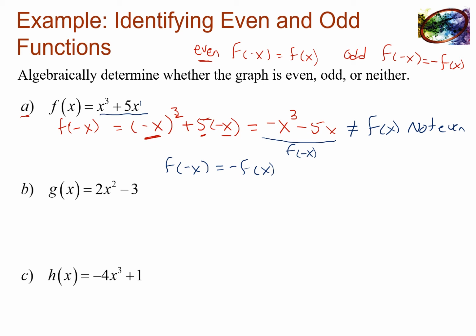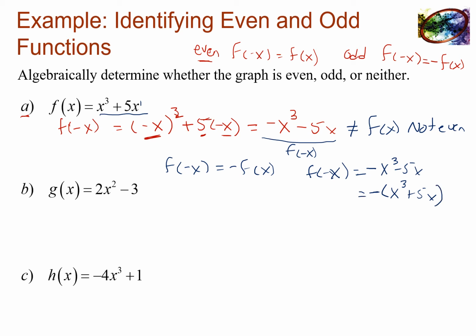I'm going to take this f of opposite of x, and I'm going to clean it up a little bit. It's opposite of x to the third minus 5x. So I'm going to pull a negative symbol out of all of it, and we're going to get x to the third plus 5x.